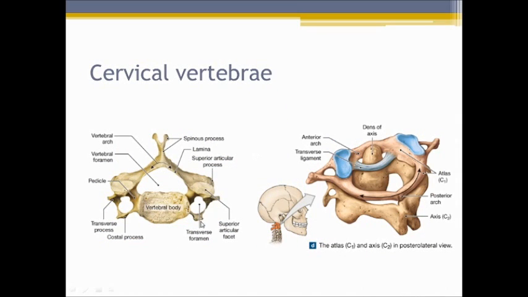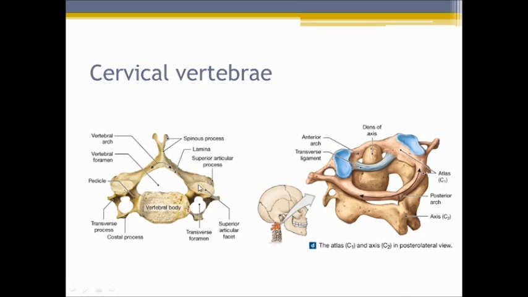And here are some abnormal vertebrae, the cervical vertebrae C1 and C2. So here you can see a typical cervical vertebrae. Some of them have bifid spinous processes, which means that instead of coming out as one spinous process, it diverts into two.